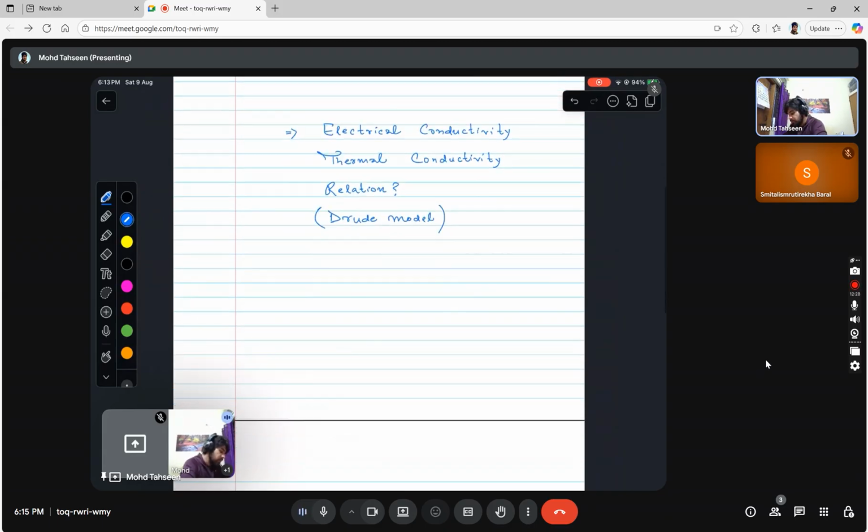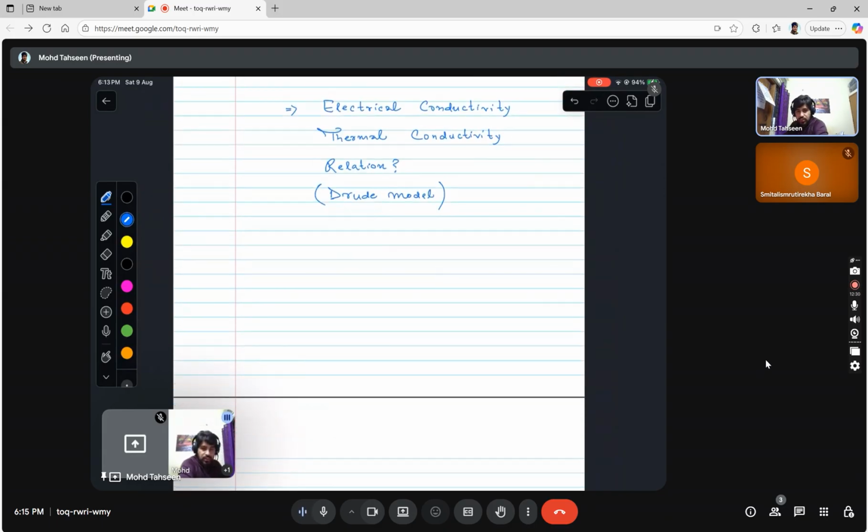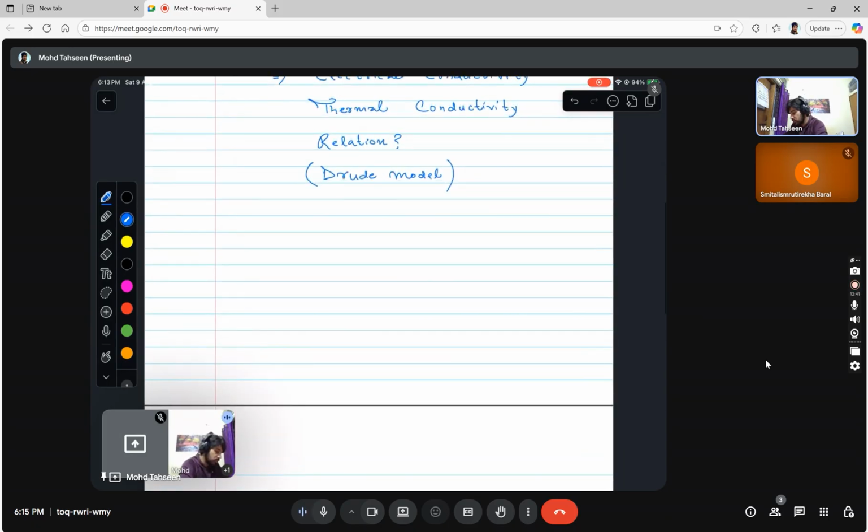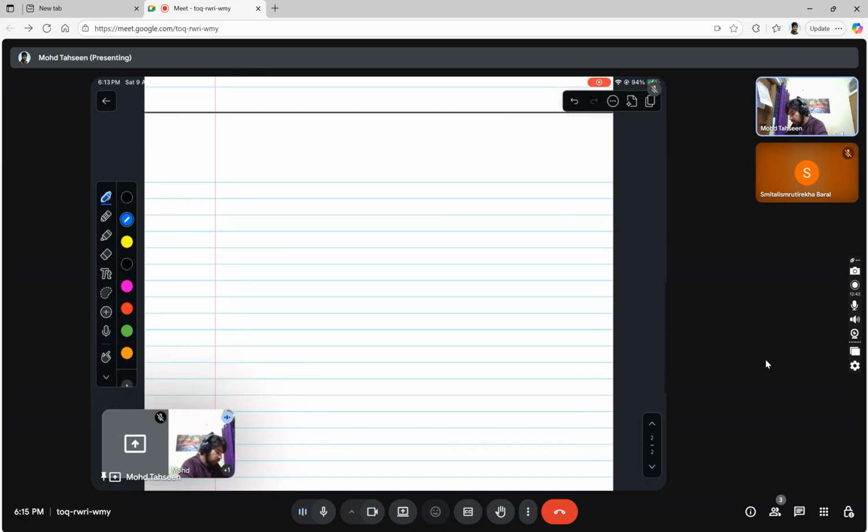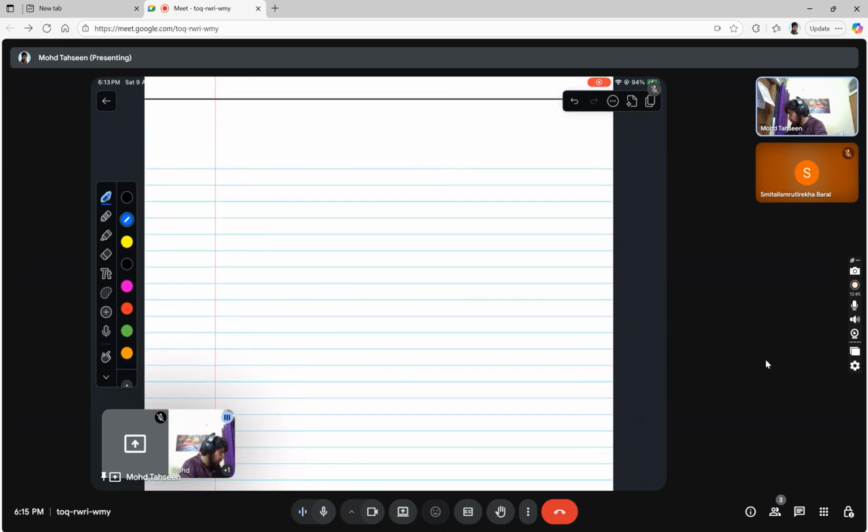Now, before getting into how to develop the Drude model, we would like to develop the tools that we need to finally write this model for the conductivities. The prerequisites in this case would be a little review of two main topics that we need to be familiar with.